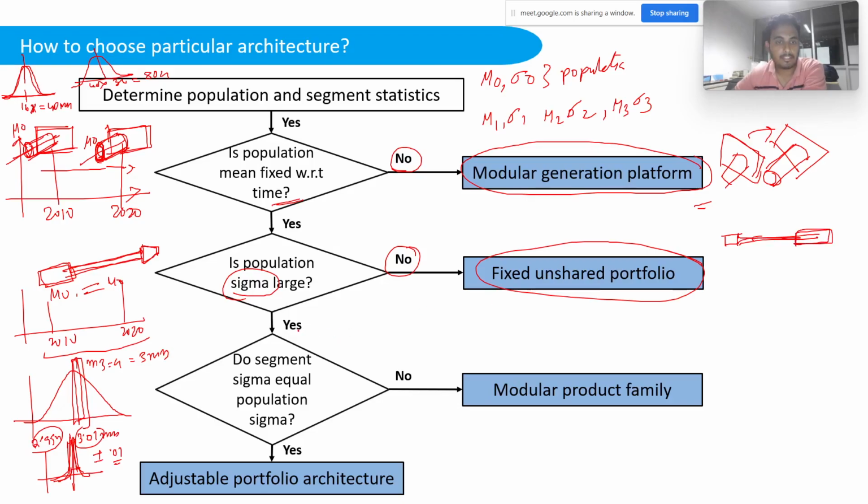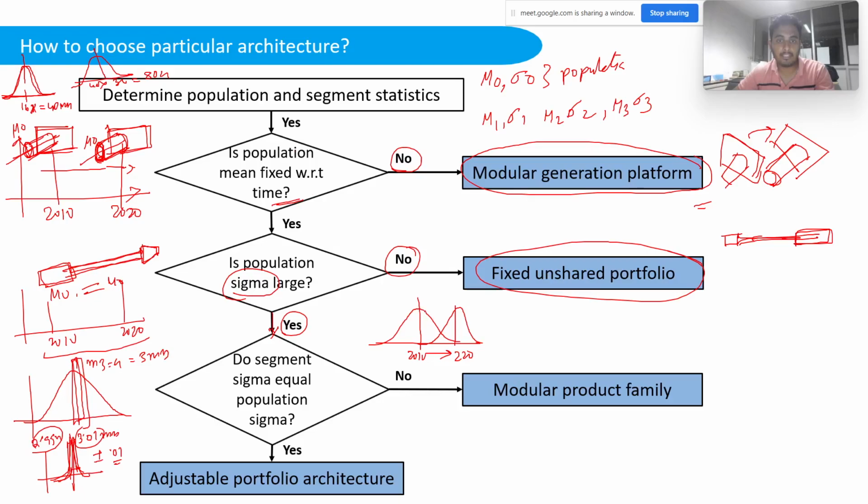Similarly, if it is yes, the population has a large sigma. The first thing is that you already checked whether mu changes over time. Mu changes means the new mean shifts over time, 2010, 2020. That is the first checkpoint.